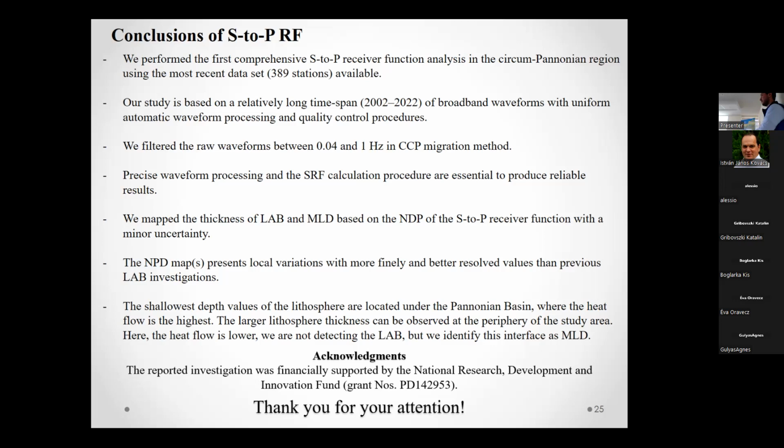But the problem is not only here in the Pannonian Basin, but also elsewhere in the world. The LAB is identified below this negative phase depth at the mid-lithospheric discontinuity. And especially in this Phanerozoic part of Europe, it's very often puzzling to distinguish the LAB from the MLD. And it's a very common problem.